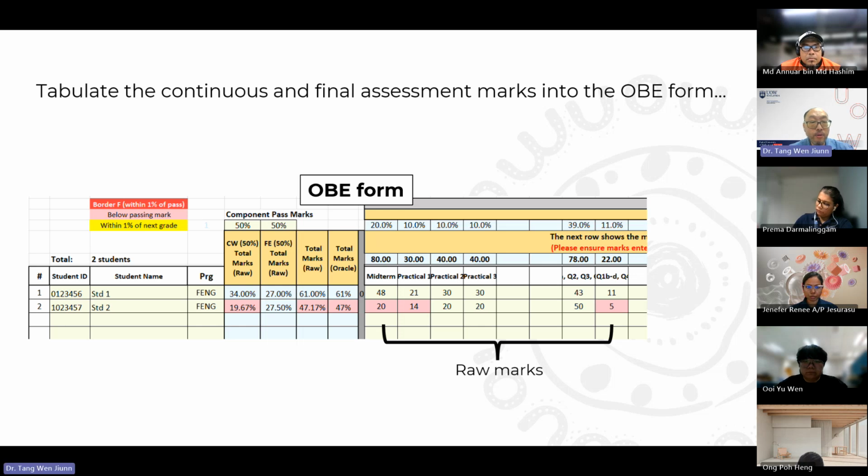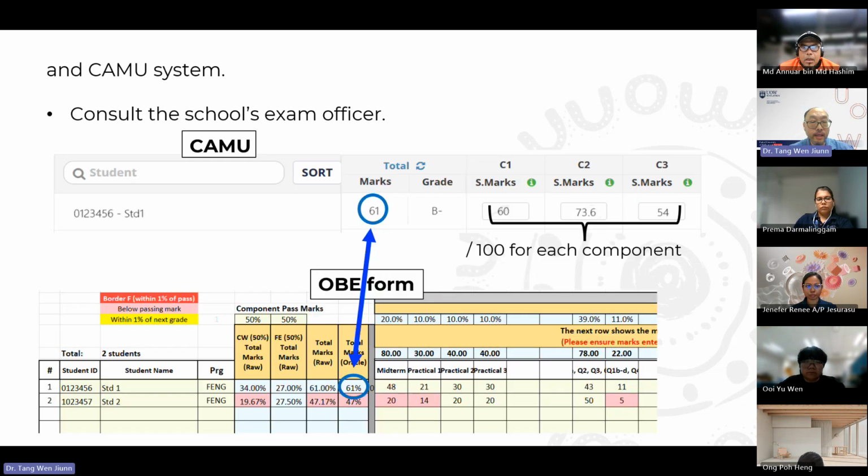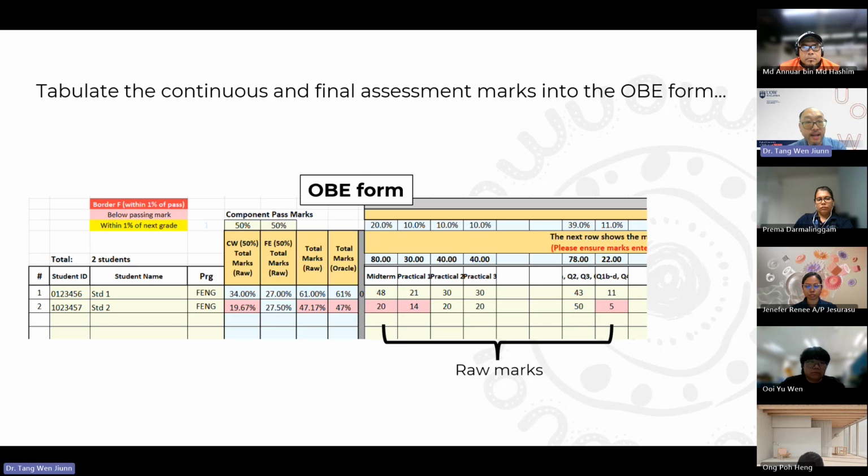When we tabulate the form after each assessment, we put the raw marks inside here, and the form will automatically generate the total grades and total marks over here. Once we're done with the OBE form, then we have to key in the marks into the CAMU system.